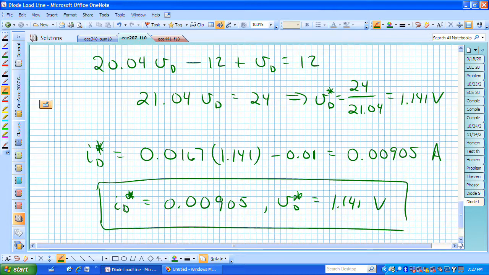And this is now our more exact solution to the earlier problem.